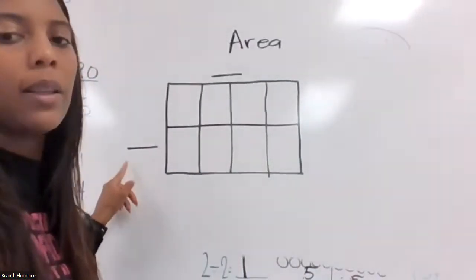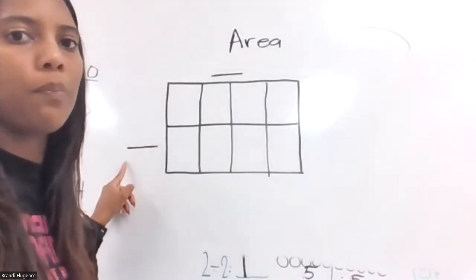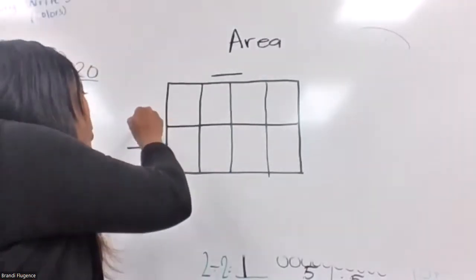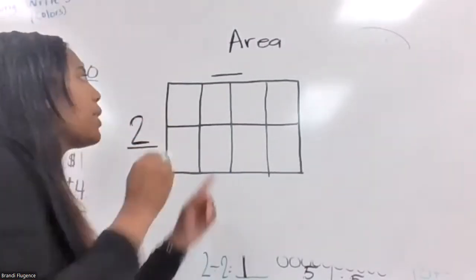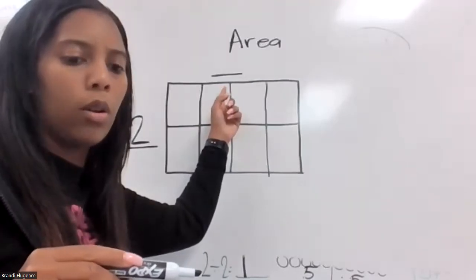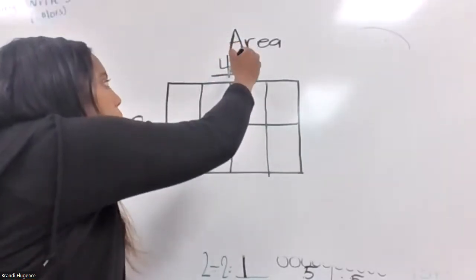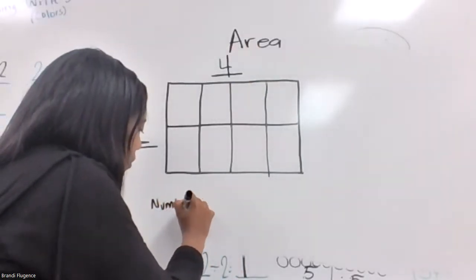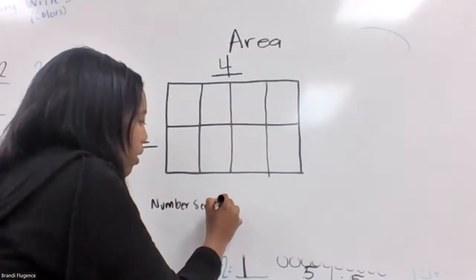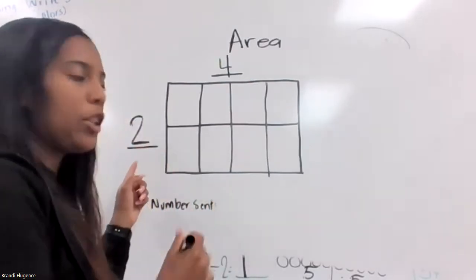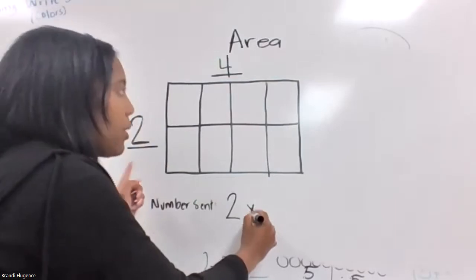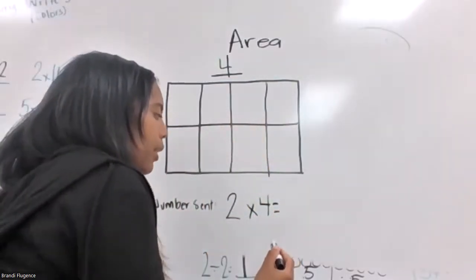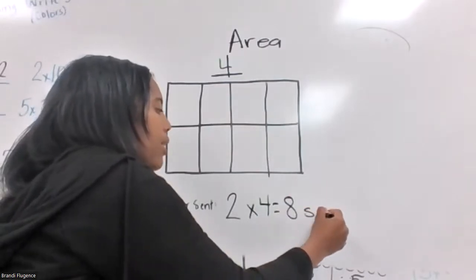When we look at our number on the left, how many rows do we have? 2 rows. And how many square tiles are in each row? 4. Inside your box, it says number sentence. Our number sentence will be how many rows, which is 2, times how many are in each row, 4, and that's a total of 8 square tiles.